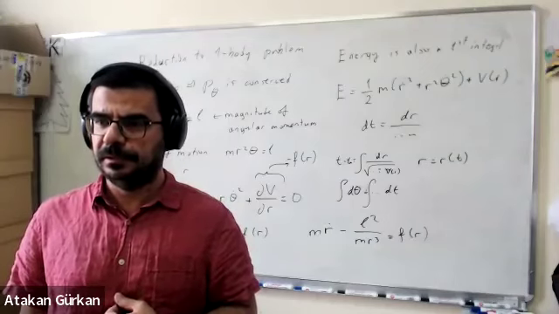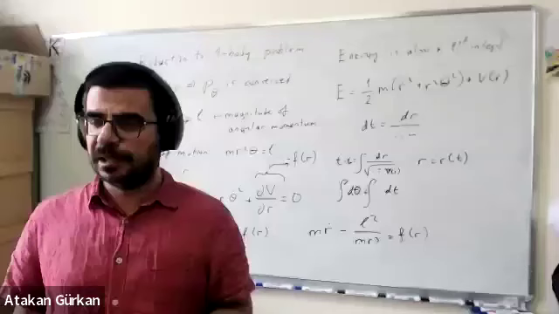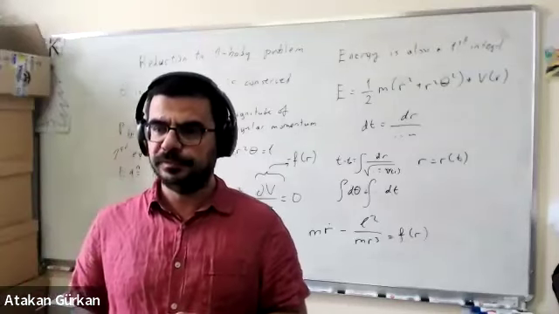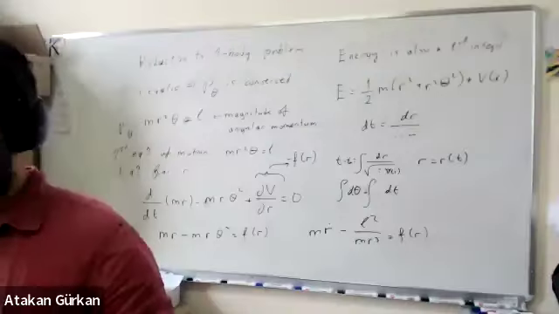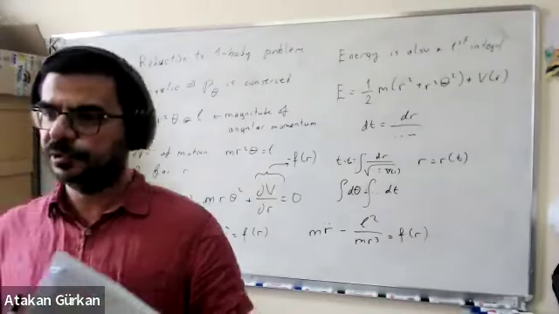But for the 1 over r potential, the integral can actually be taken. I can probably use a change of variables. If it's something very complicated, what should we do? For example, if it is the square root of something squared minus, or plus, something squared, then I can use a trig change of variables, like tangent, a trigonometric substitution.